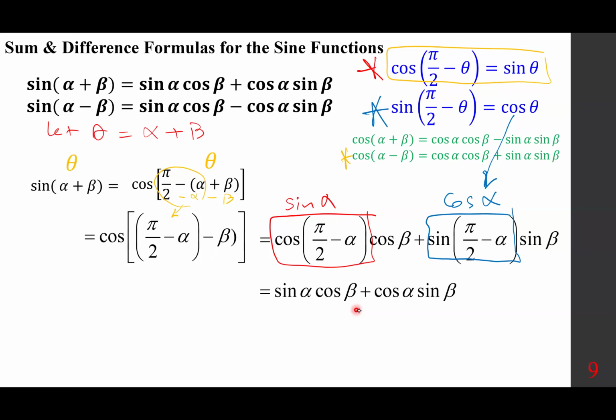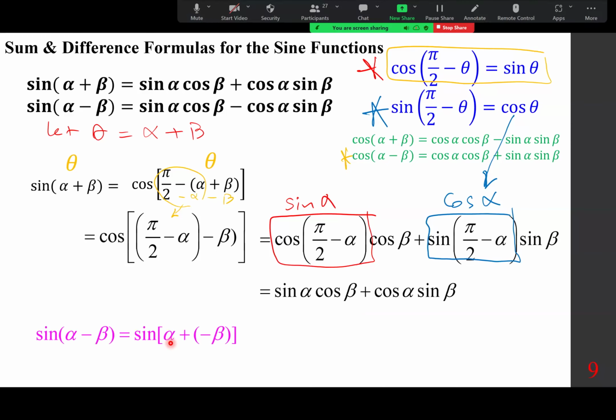Now sine of alpha minus beta, we are going to write it as sine of alpha plus minus beta.